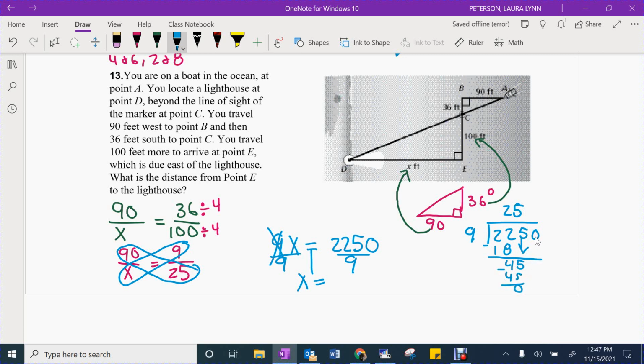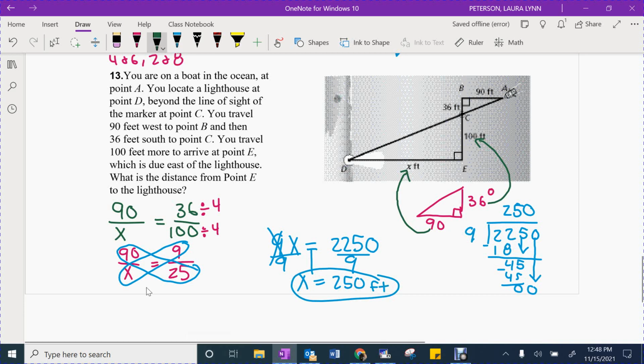Which leaves me 0, but I still have to bring down my extra remainder of 0 because 9 can't go into 0, so it goes in 0 times. So this works out beautiful to be 250. Oops, 9 goes into 2,250, 250 times. So our missing side is 250 feet.